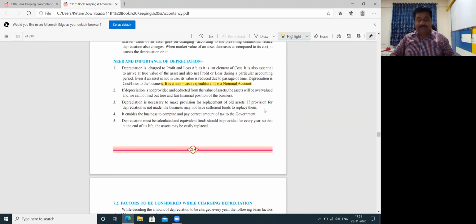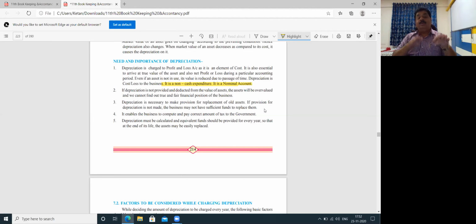After 10 years, I must buy a new one. I should have a new asset, so arrangements have to be made for that. Here you don't have to pay anyone, but you have to save the money aside. You must make the provision, you must make the saving. Save for 10 years, make the provision. So after 10 years, you can buy the new asset, new machinery easily because you'll be having the money.